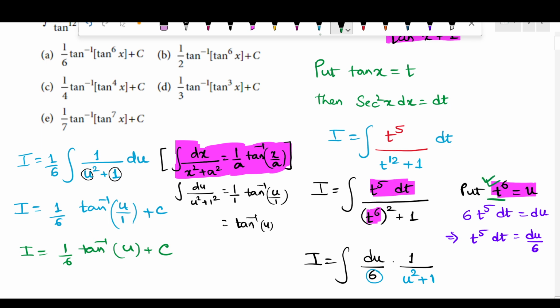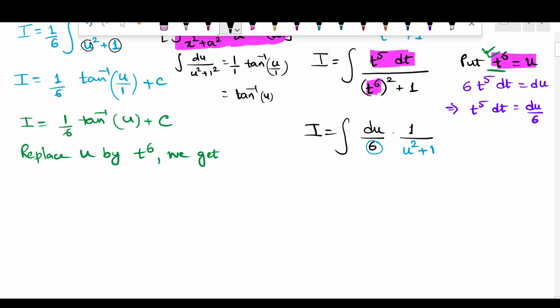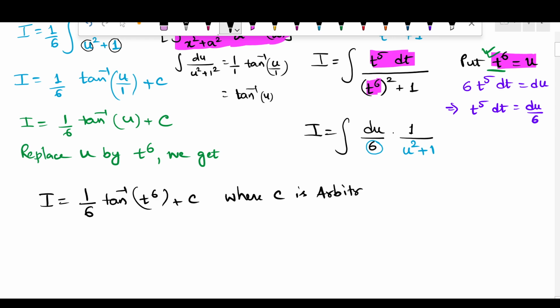U is t to the power 6, so replace u by t to the power 6, we get I equals 1 over 6 tan inverse t to the power 6 plus c, where c is an arbitrary constant.